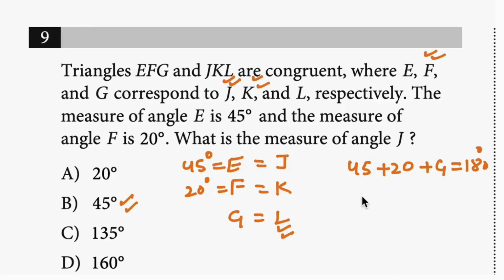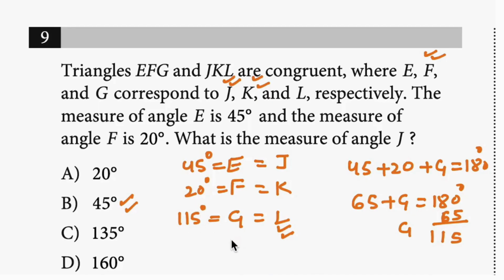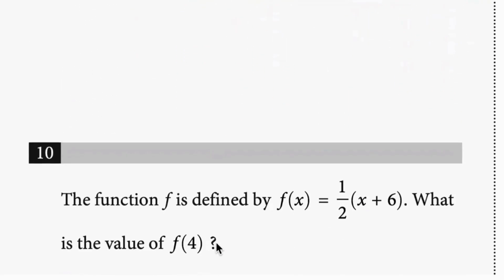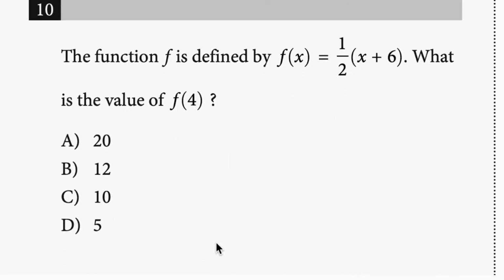Now 45 plus 20 is 65, plus G is equal to 180 degrees. So angle G is just subtract 65 from here, which is 115 degrees, right? So L is also 115 degrees, correct? Perfect. Let's move to question number 10.